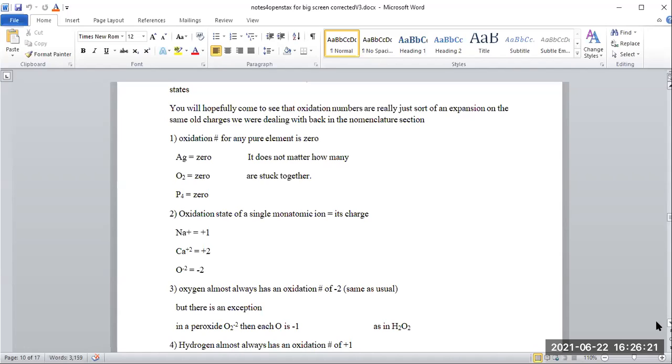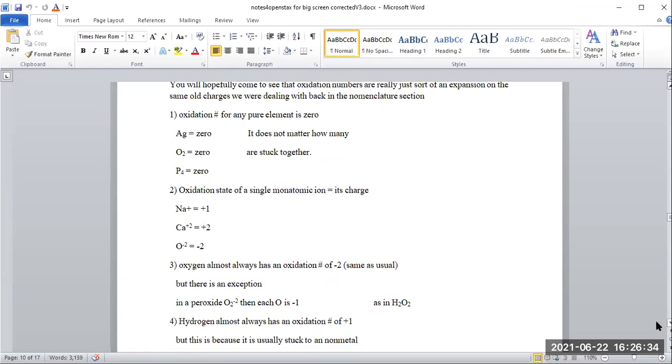Phosphorus, weirdly, can sometimes be found in nature as a 4-atom molecule, still 0 as far as oxidation numbers are concerned. All those things we assigned charges as we were passing through nomenclature.